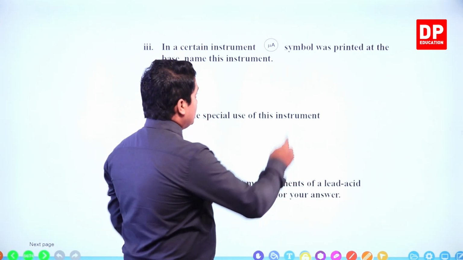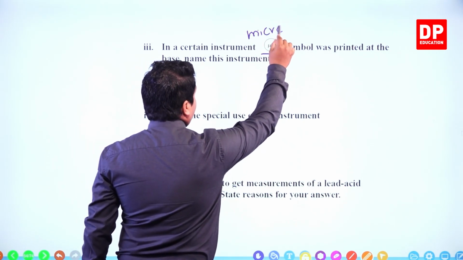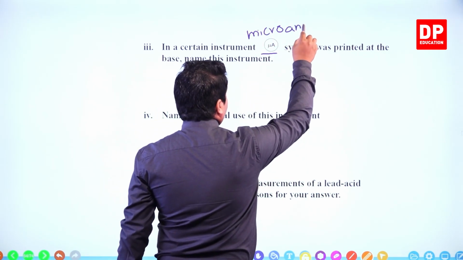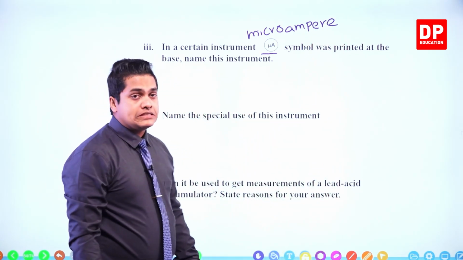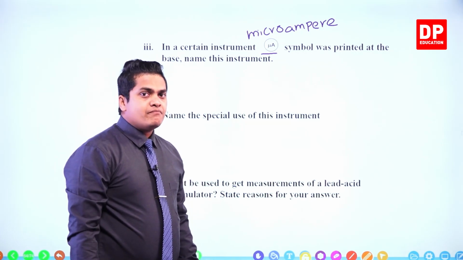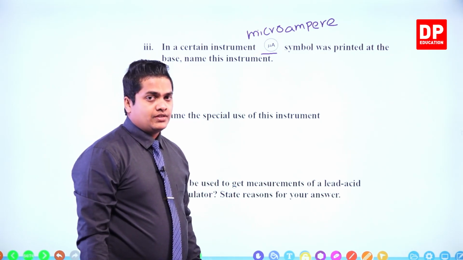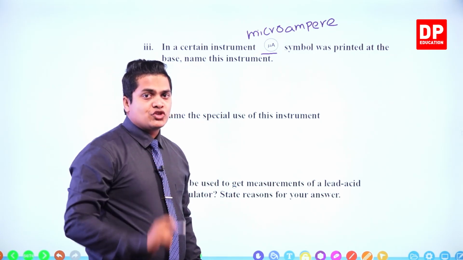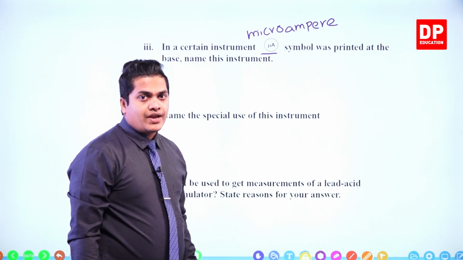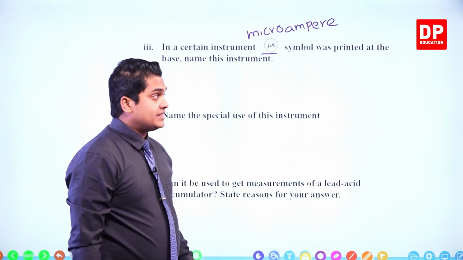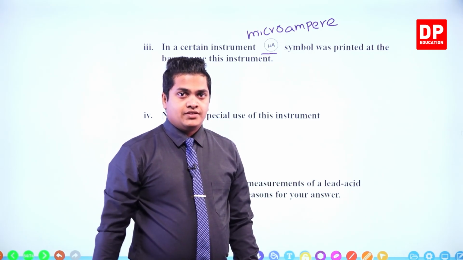So this symbol is the microampere symbol. So if the microampere symbol is printed on the base of this instrument, definitely this instrument should be a microammeter. That's why the microampere symbol is being printed on the base of it.